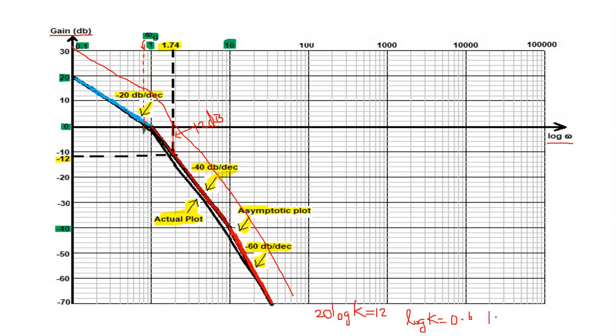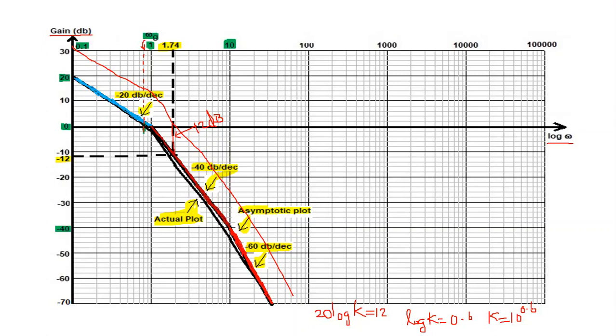Therefore, K is equal to 10 to the power of 0.6. So, calculate 10 to the power of 0.6.